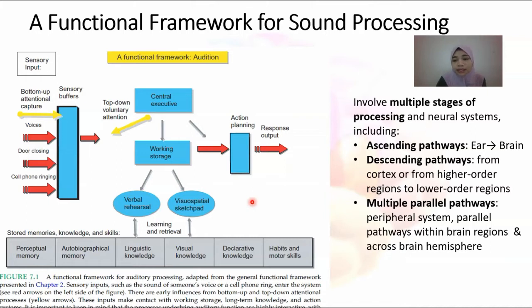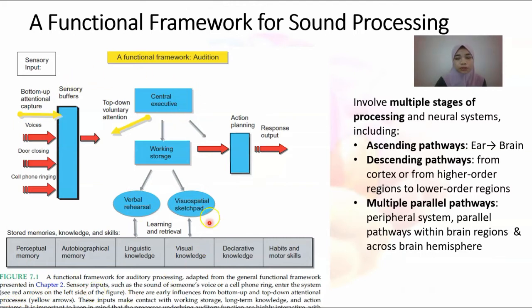Next is the descending pathway, also known as feedback projections, processing signals released from the cortex or from higher order regions to lower order regions, and multiple parallel pathways across brain regions and across brain hemispheres.